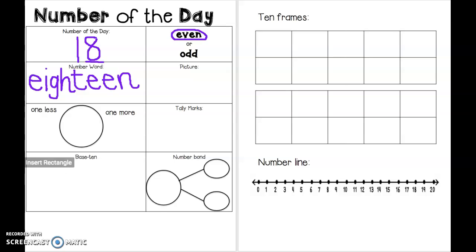All right, so now I'm going to draw a picture of 18 items. I think I will go back to a square. I think I will make them still purple.